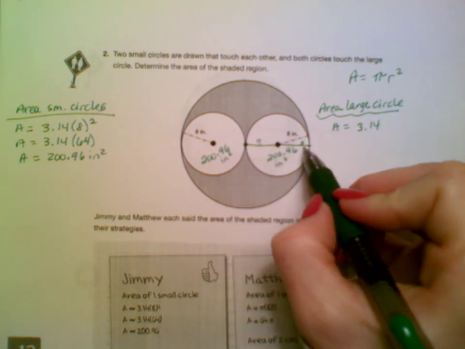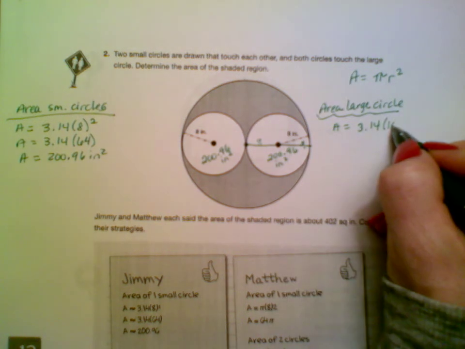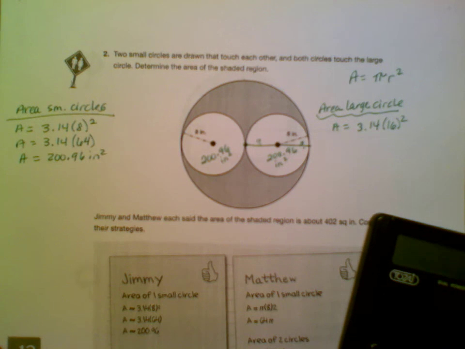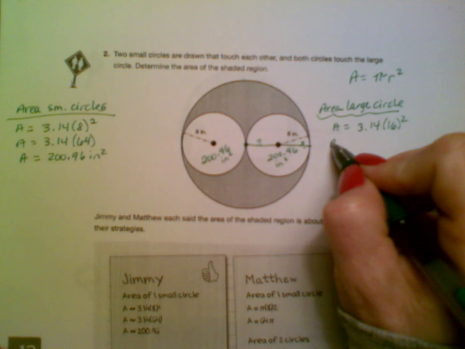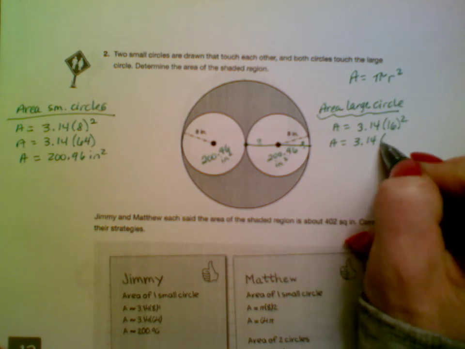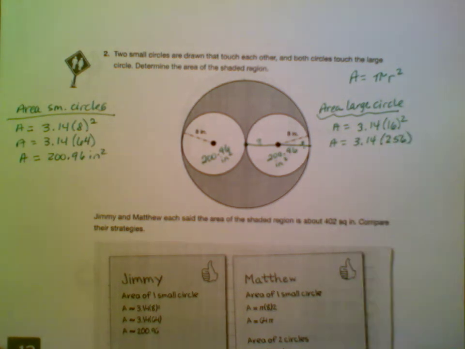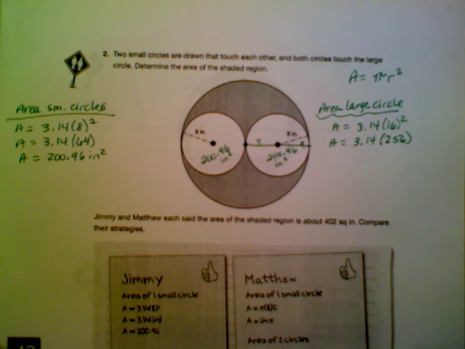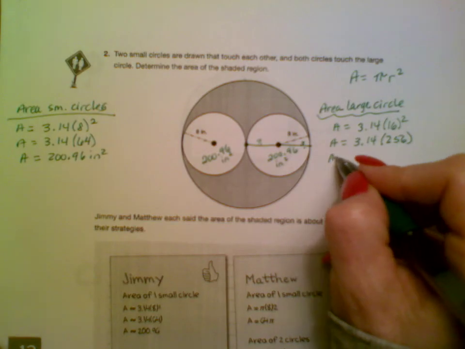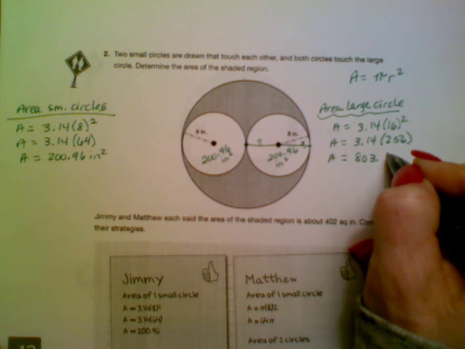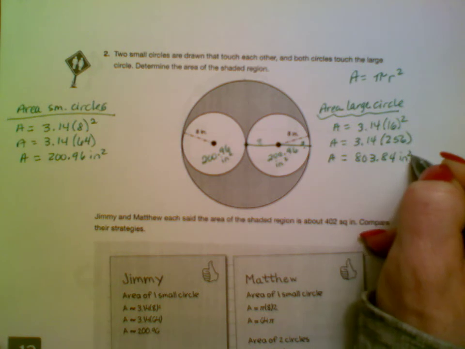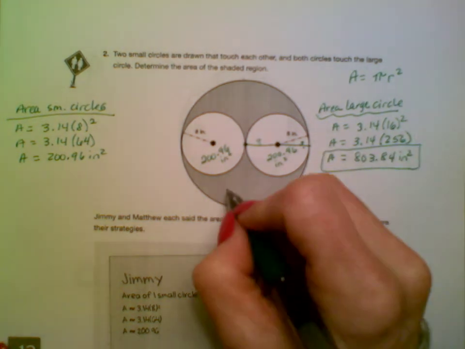So 8 plus 8, my radius is going to be 16. So if I take 16 squared, I get 3.14 times 256. And now if I multiply those two together, I get the area as 803.84 inches squared. So that's this big one.